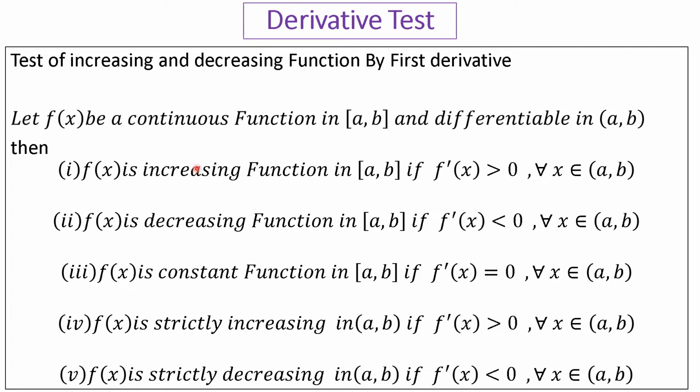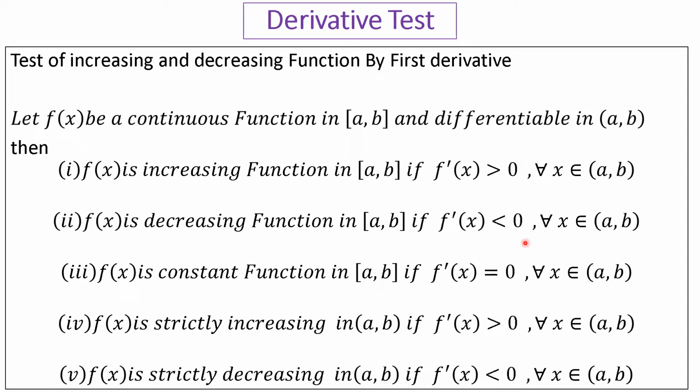Okay. Next, f of x is a decreasing function in the closed interval [a, b] if f dash of x is less than 0 for all x belongs to the interval (a, b). If f dash of x is less than 0 at each point x belongs to the open interval (a, b), then f is decreasing on the interval (a, b).